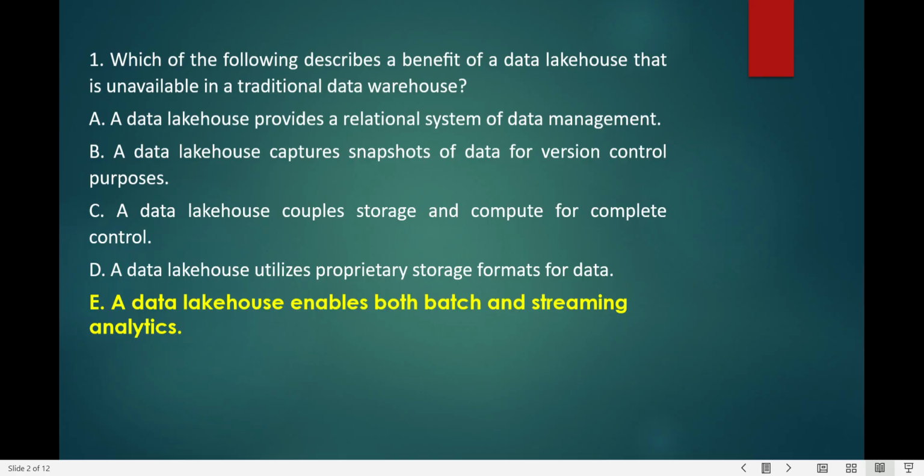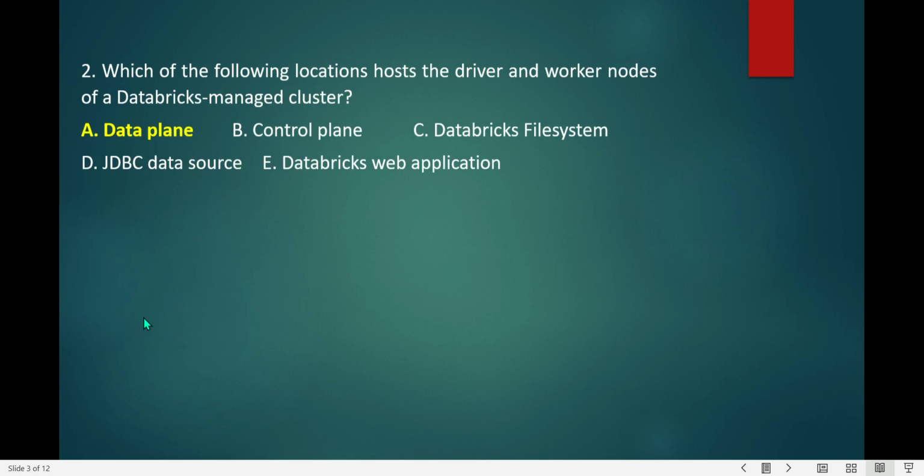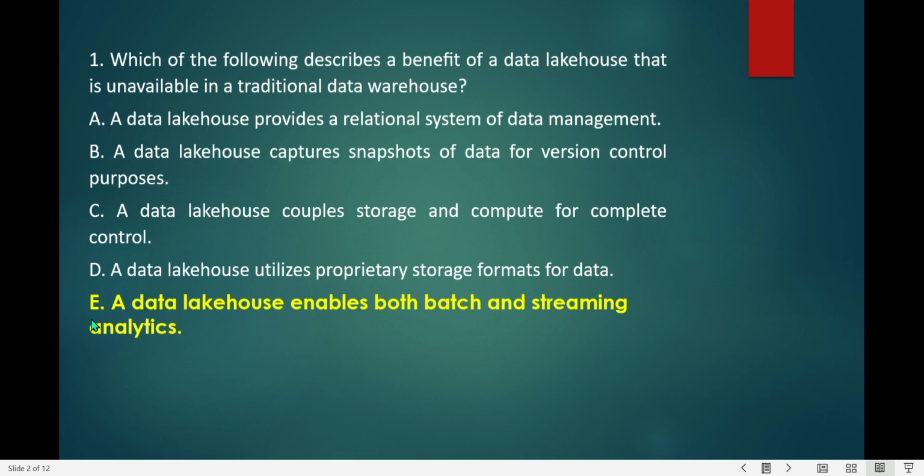Lakehouses are designed to handle both batch and real-time streaming workloads efficiently using unified engines like Apache Spark, Delta Lake, and Apache Flink. This is the key advantage of the lakehouse architecture. So the correct answer is E.